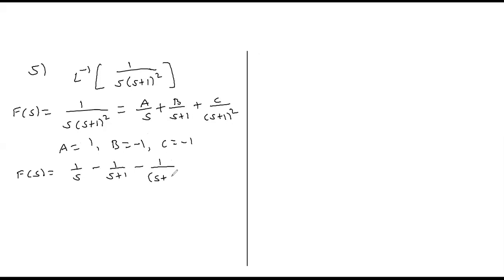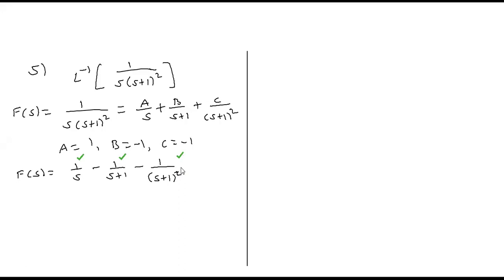Now before applying inverse Laplace transform, make sure that you know finding inverse transform of individual functions. Do I know inverse transform of 1 by s? Yes. Do I know inverse transform of 1 by s plus 1? Yes. Is the third one in the inverse Laplace transform tables?